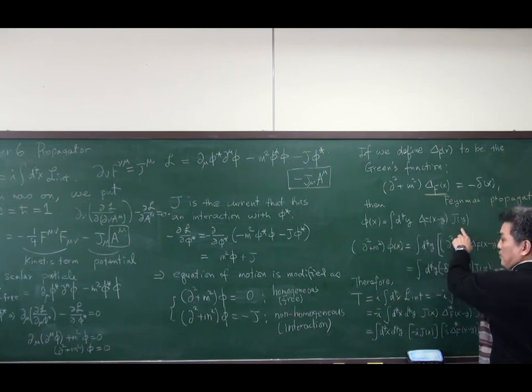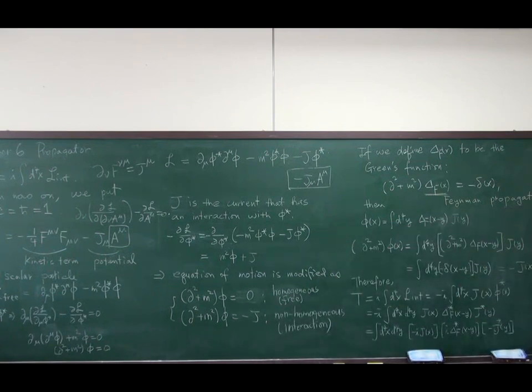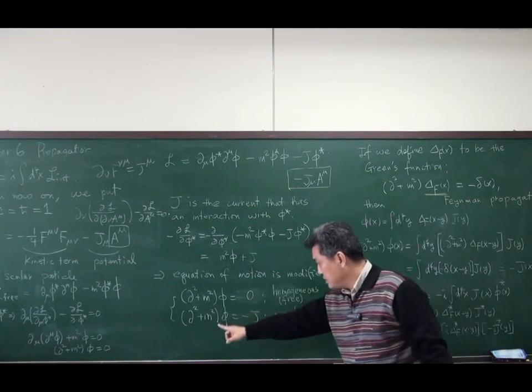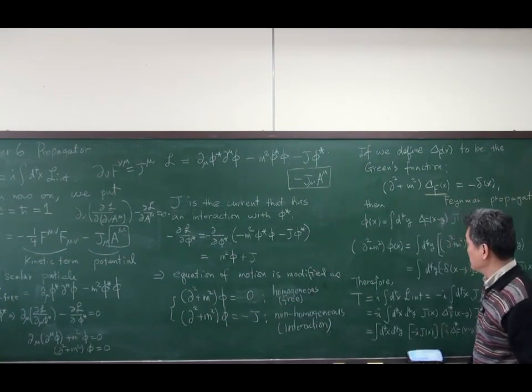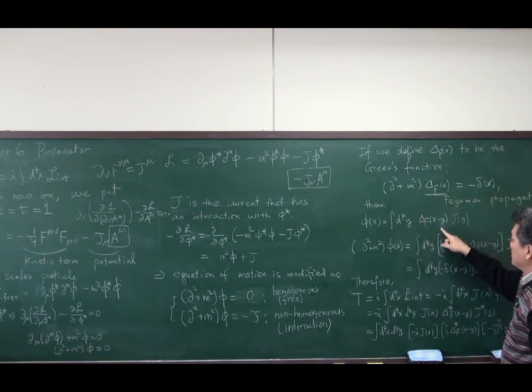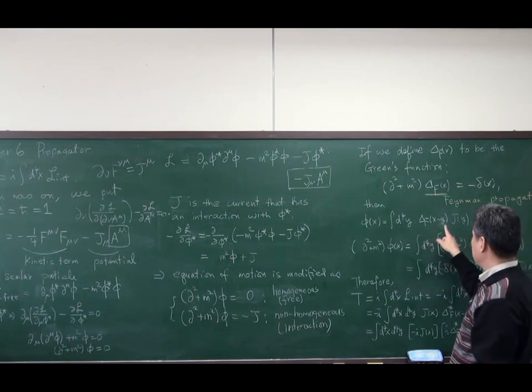The answer for the original equation is like that. Let's see why. Just substitute this result into this non-homogeneous equation. Then we have the Feynman propagator and the current j(y). Note that this is independent of x.